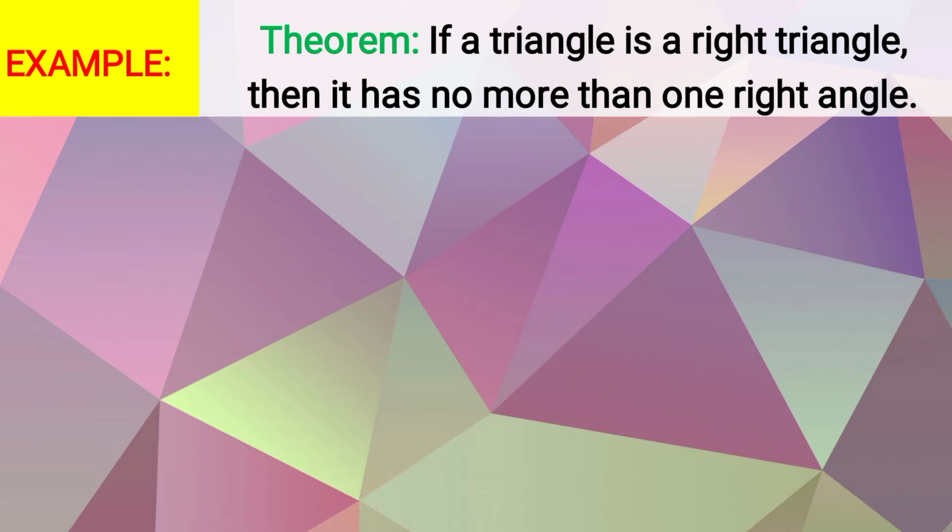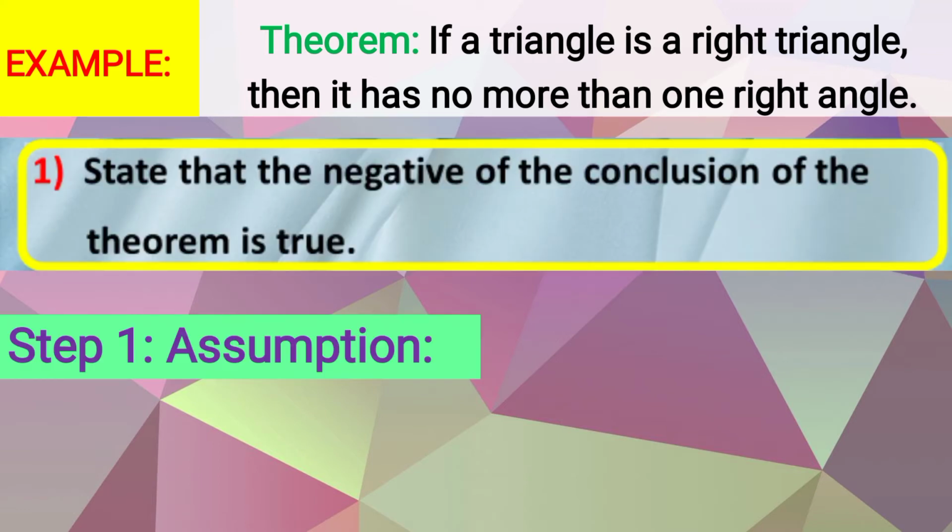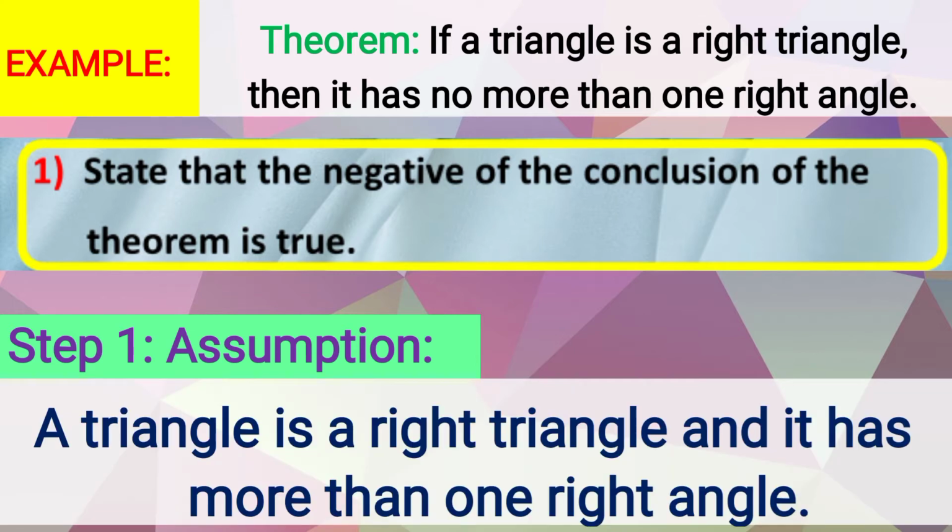So based on step number 1, we need to negate the conclusion and assume that this is true. The assumption will be a triangle is a right triangle and it has more than one right angle.